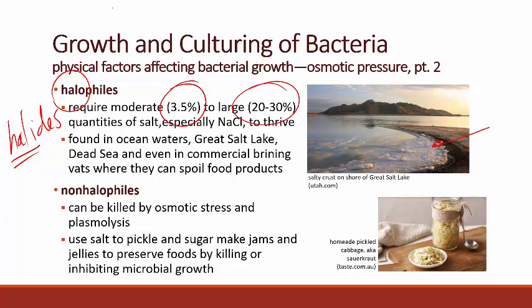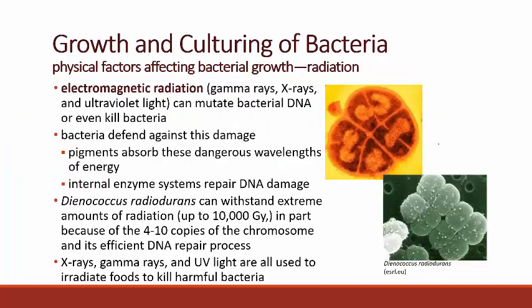Okay, so that's osmotic pressure and the requirements that organisms have around osmotic pressure. The last is radiation. So gamma rays, X-rays, and even ultraviolet light can damage bacteria because they can mutate the bacterial DNA. Most mutations, when they arise, are damaging to the cell.